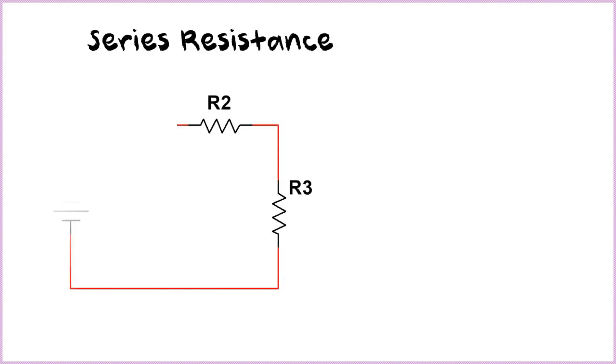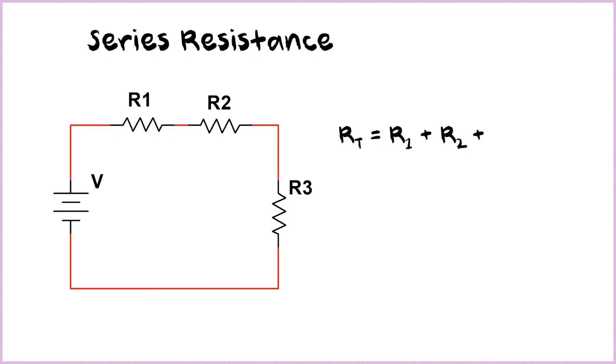So for series resistance, we have now 3 resistors, which are R1, R2, and R sub 3. So the formula now of RT is equal to R1 plus R2 plus R sub 3. The total current is still the same as having 2 resistances.